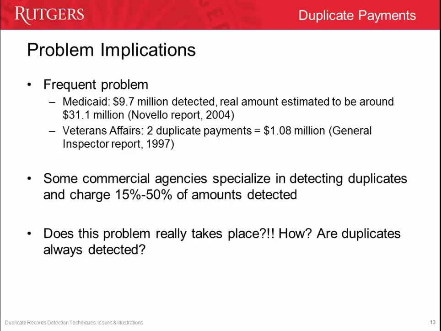Medicaid identified more than $9.7 million in duplicate payments in a 2-year audit period, and estimated the actual amount to be around $31 million. Another example is when there were 2 duplicate payments, which amounted to $1.08 million, and that was discovered by the Department of Veteran Affairs.